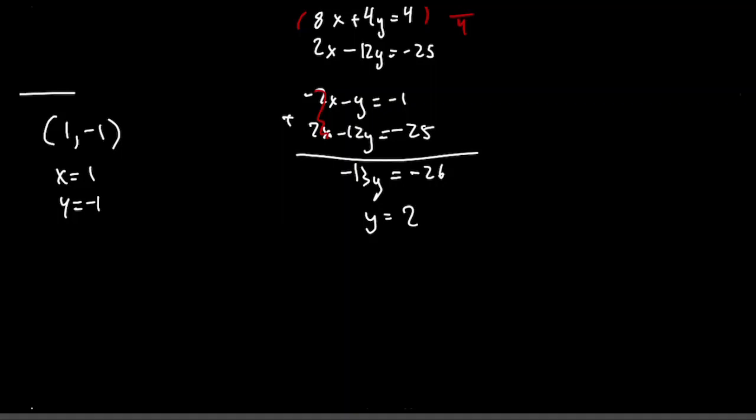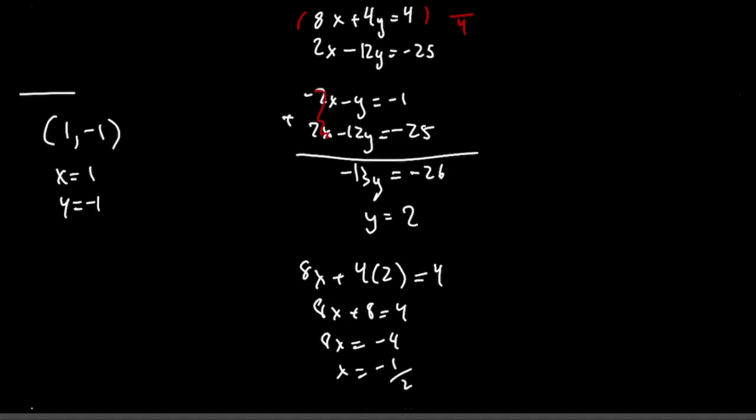So we have 8x plus 4 multiplied by 2 equals 4. Simplifying that, we get 8x plus 8 equals 4. I'm going to subtract 8 from each side, so 8x equals negative 4, and then divide each side by 8, so we get x equals negative 1 over 2, because negative 4 divided by 8 is negative 1 over 2.